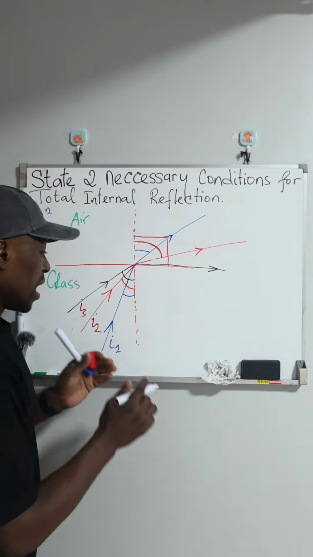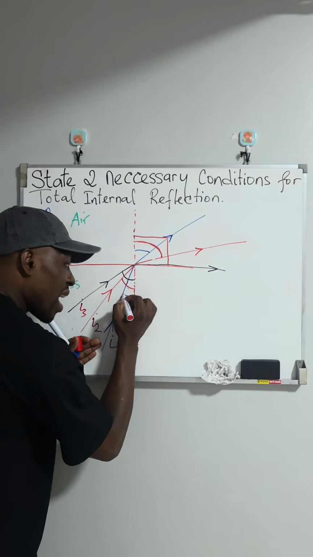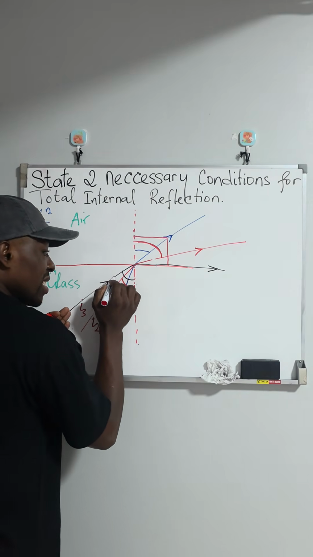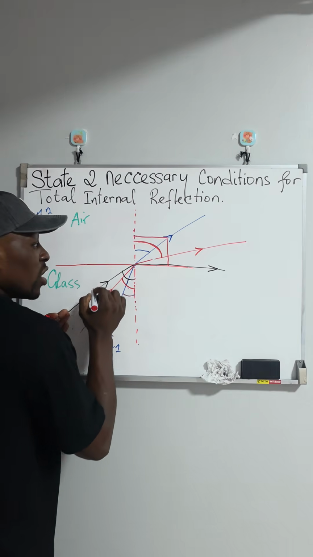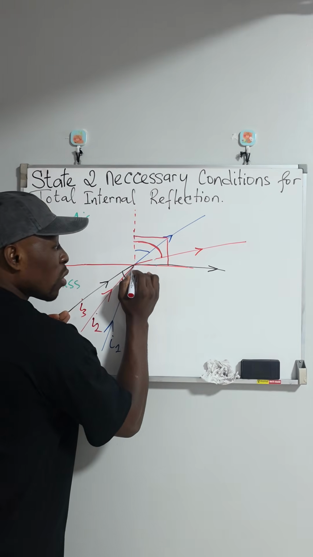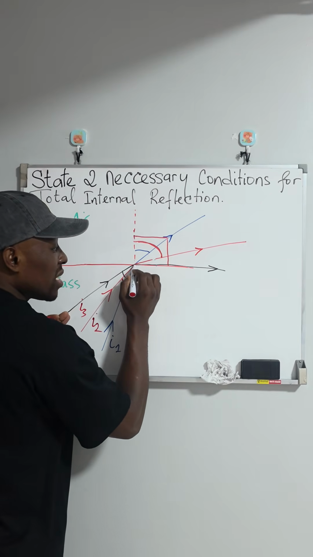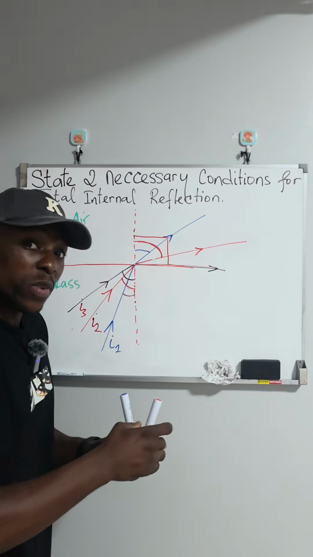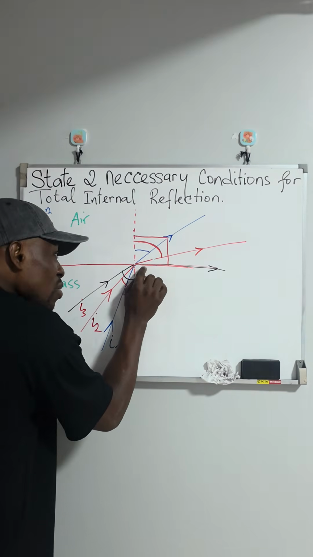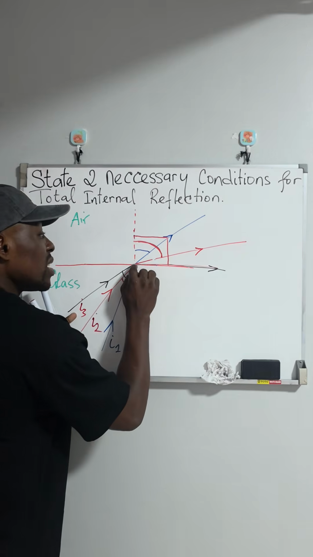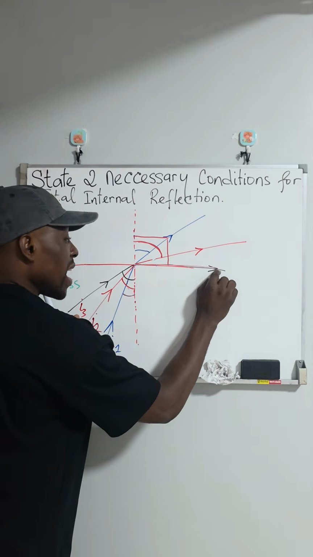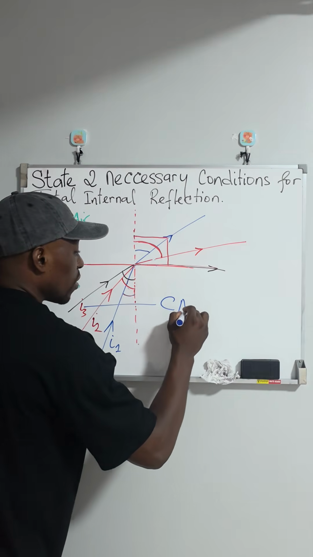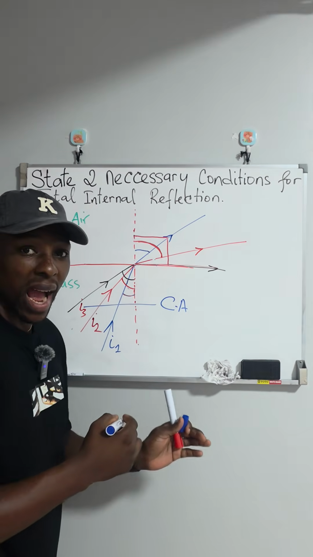I repeat, if we continue increasing the angle of incidence, we will stumble on a certain angle of incidence, let's call it I3, such that its angle of refraction will be 90, which means it falls exactly on the boundary between the two media. And in physics, dear friends, this angle of incidence that produces a refracted angle of 90 is what we call the critical angle.